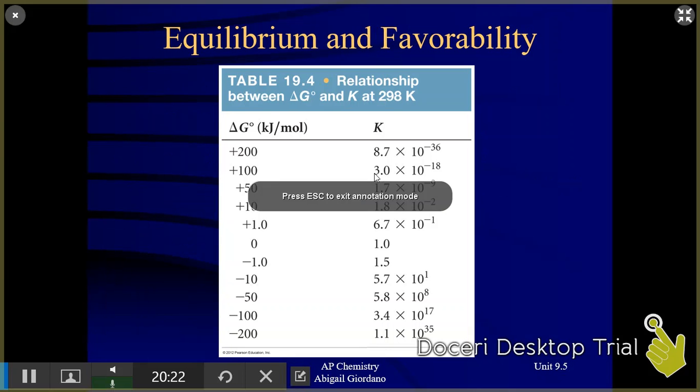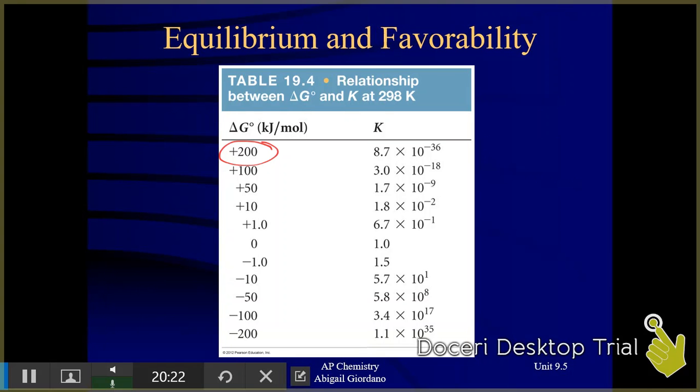Let's think about the question we just did, where the delta G was very, very positive. The forward reaction is not favored. And look at the kinds of K values we get. They're incredibly small.